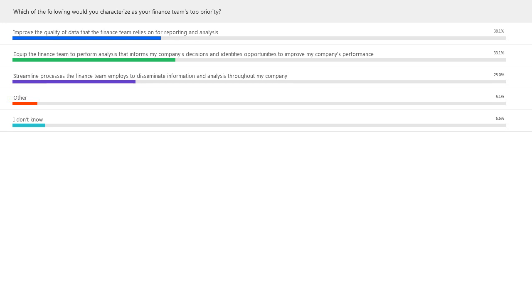The next most prevalent response, a close second, is improve quality of data. Interestingly, the third most prevalent response, about a quarter of respondents, is streamline processes to disseminate information and analysis. So these are fairly representative of our audience's priorities, and I think that's good information to have.